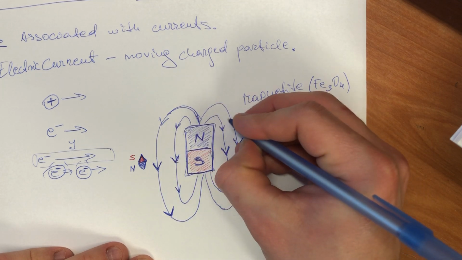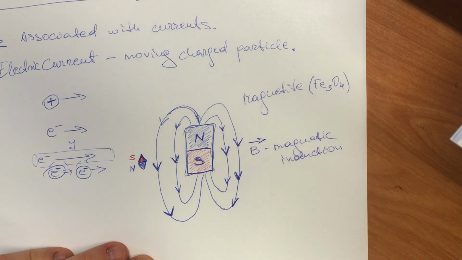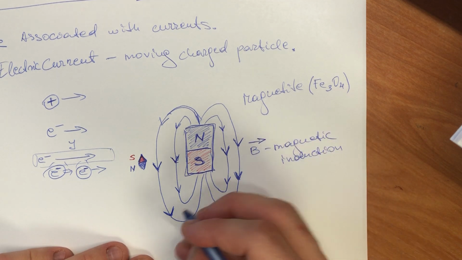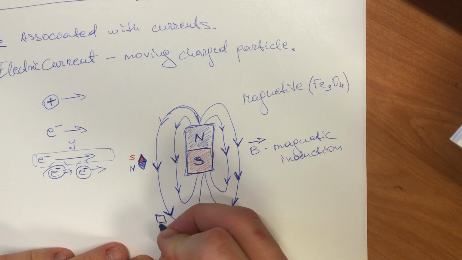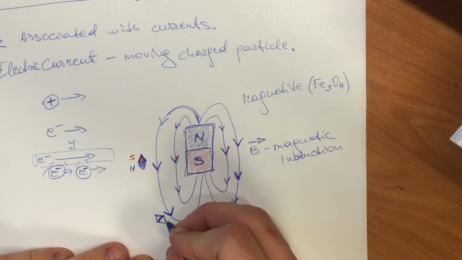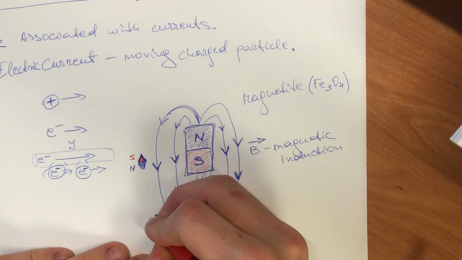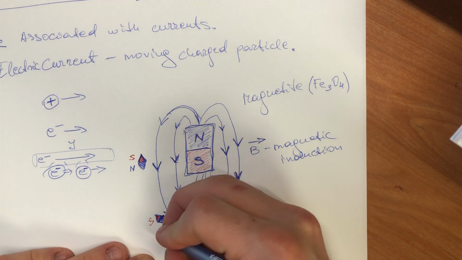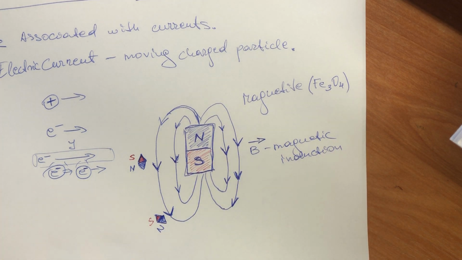If you position it somewhere else, so if you position it here, it would be oriented like this. So south pole and north pole.